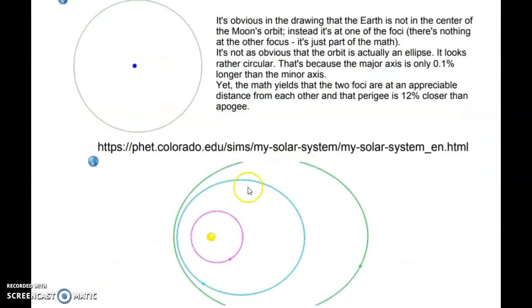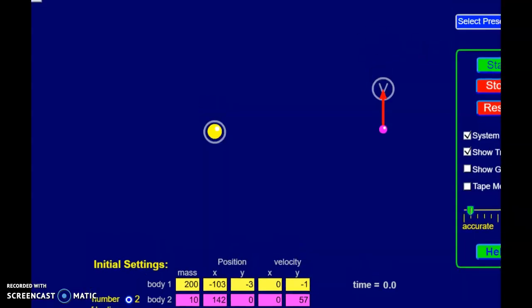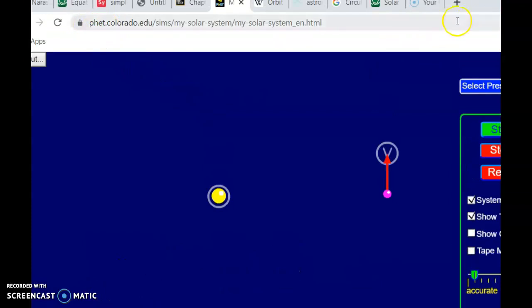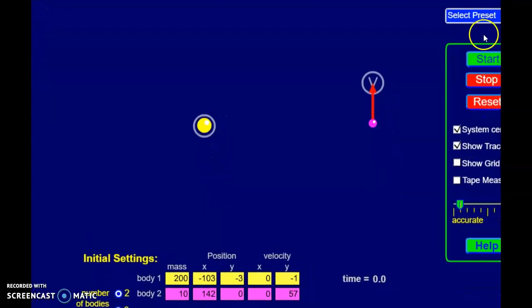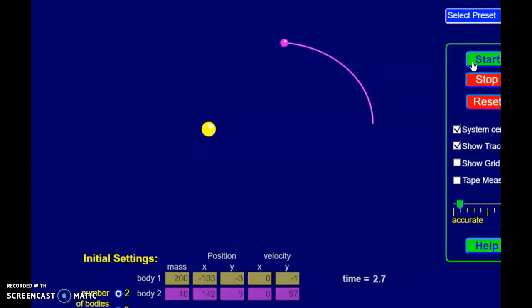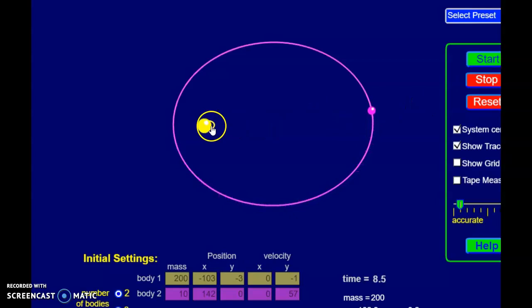And here again are orbits. This one here is actually PHET, and I'm going to show that. It's a very unique one. If you Google PHET, you will come up with all these applets, and one of them is this astronomy applet. When I hit start here, the pink planet is gravitationally attracted to that yellow sun and moves on an ellipse. The sun is in one of the focal points, foci. There's nothing in the other one. That's just the mathematical part over here, but the sun is over here.